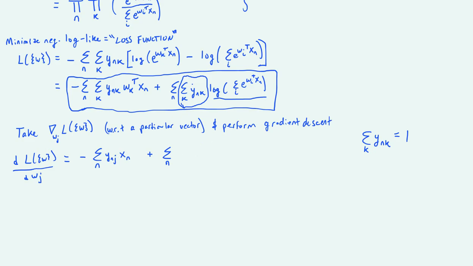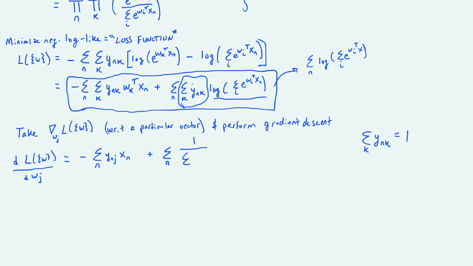And so actually that's not the derivative, that would be the function before the derivative. Let me just make a quick note of that. So the second term becomes the sum over n of the log of the sum of e to the wi transpose x. And so the derivative of that, well, we'll take the derivative of a log.